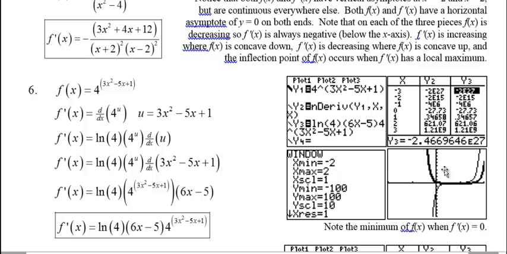Over here on this part, the original function is decreasing, so the derivative is negative. Past the minimum, the original function is increasing, so the derivative is positive. It looks like the whole thing is concave up on the original, so the derivative is increasing the entire way.